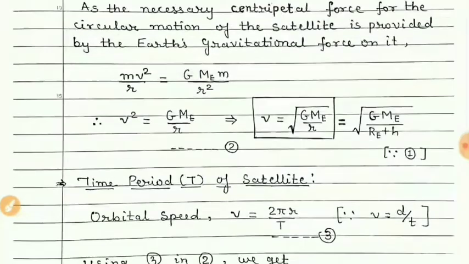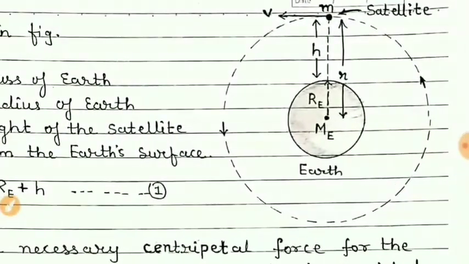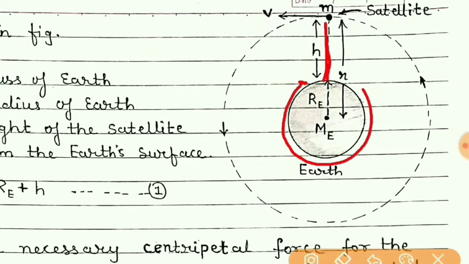Once again, look here in this figure. Here this satellite is at height h, but if this satellite is very close to the earth's surface and it is orbiting the earth, then its distance from the center of the earth can be taken as Re.